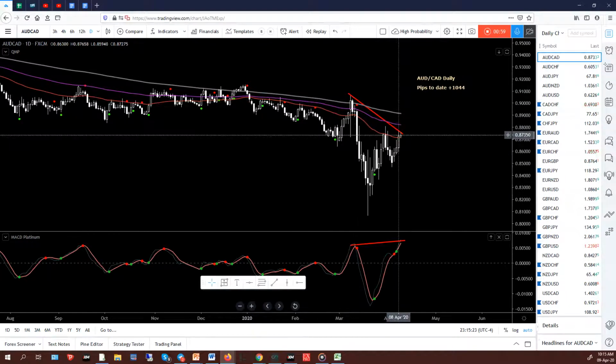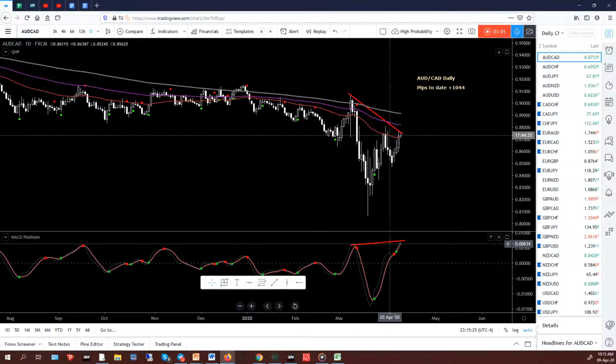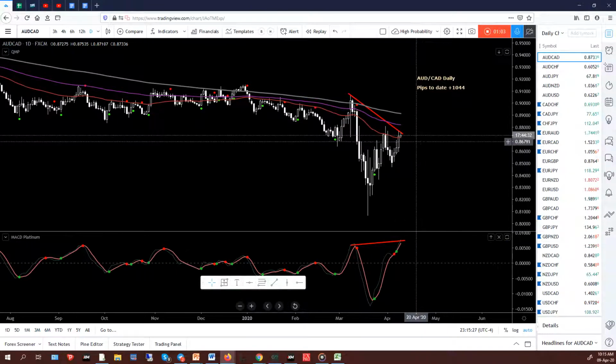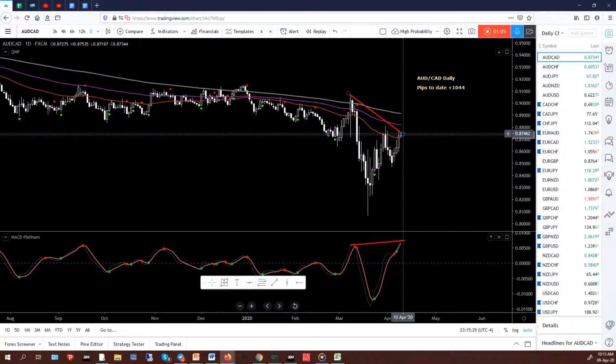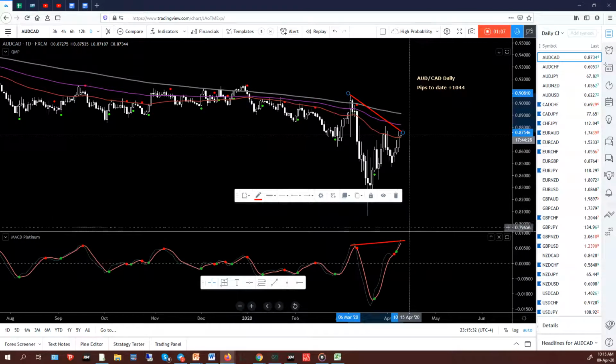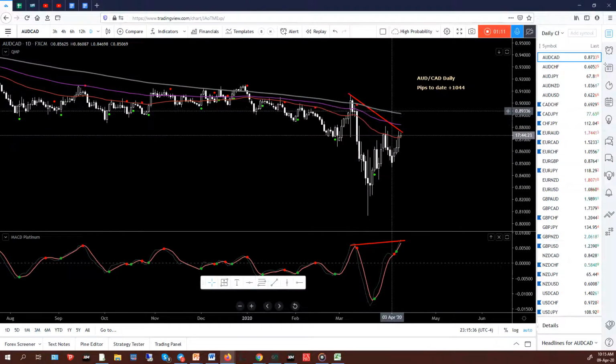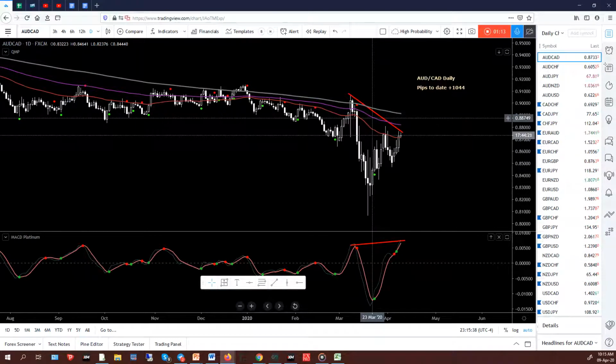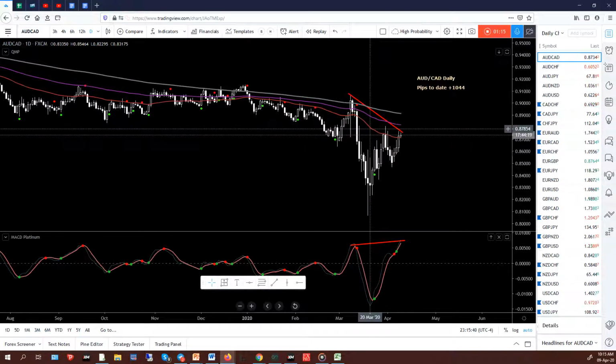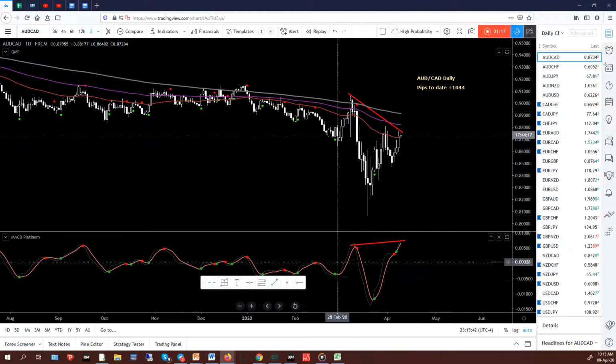So any red trend lines you see, that represents bearish divergence. Now, it's not confirmed yet. I move it every day as it sets up, looking for potential sells here. That's all. So the MAs, 240 LMA, 100 EMA, 50 EMA. This bottom indicator is the MACD Platinum.